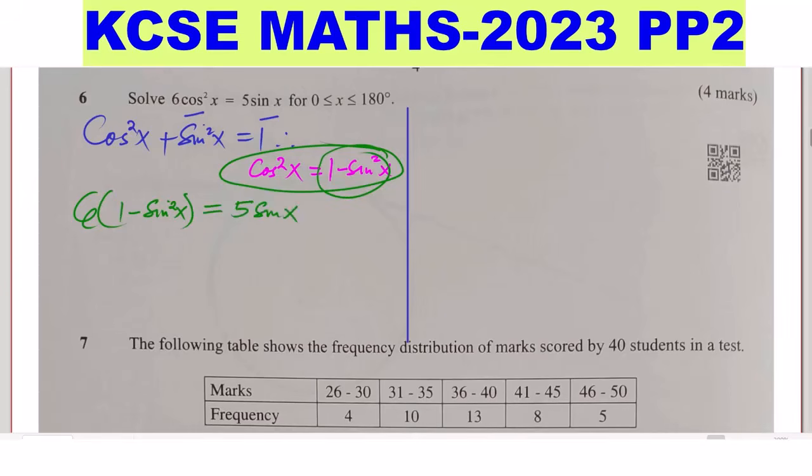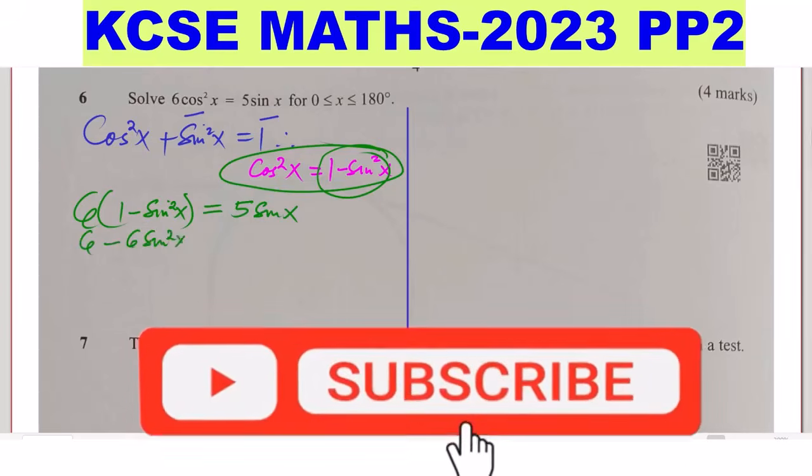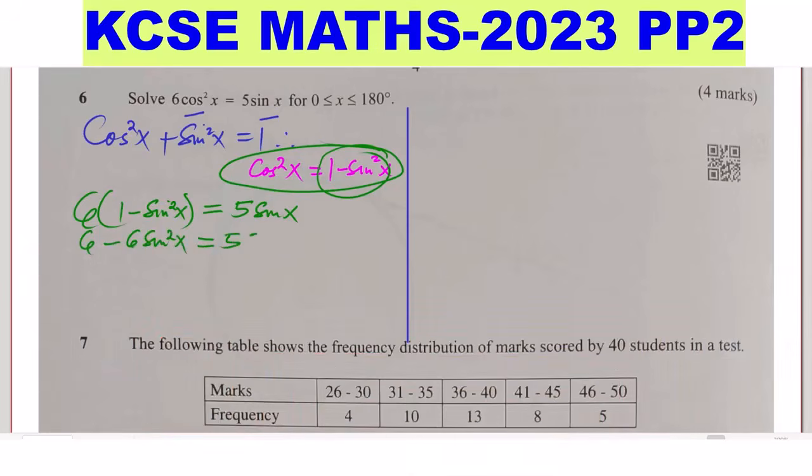Open the brackets. Here you'll get 6 minus 6 sine squared x equals 5 sine x. Organize these, because you can see this is taking the format of a quadratic equation.